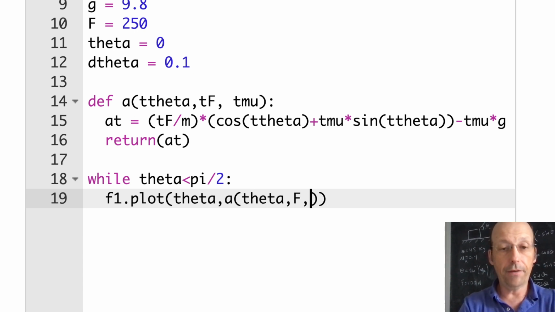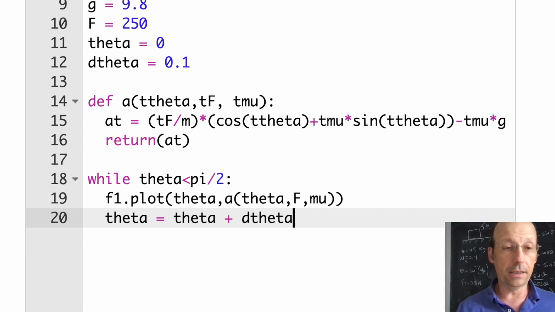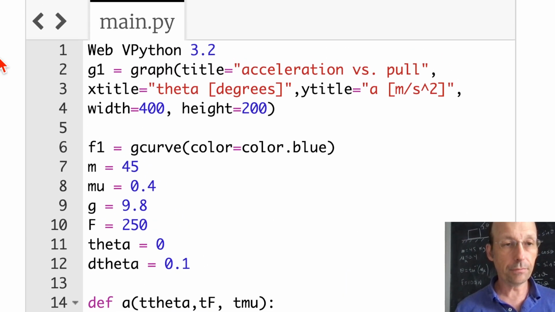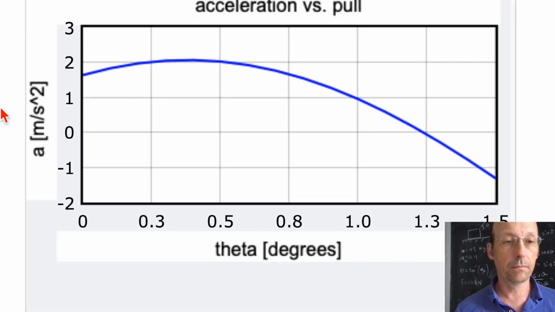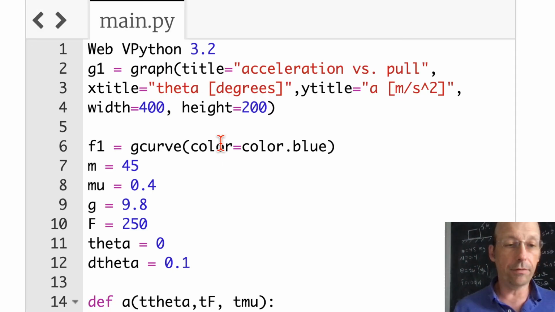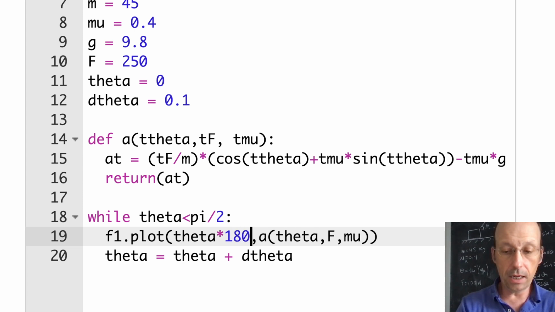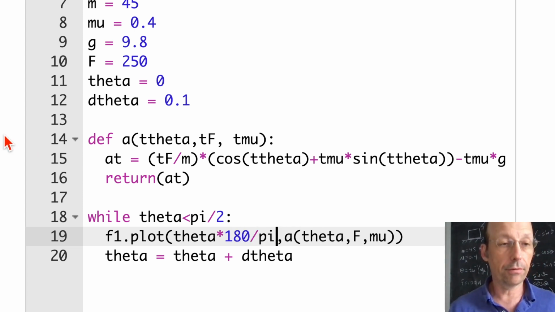Theta, F, mu. Now I need to increase my value of theta. Theta equals theta plus d theta. Let's see what happens. And there we go. Okay, so I plotted theta, I want to plot theta times 180 over pi, so it's in degrees.